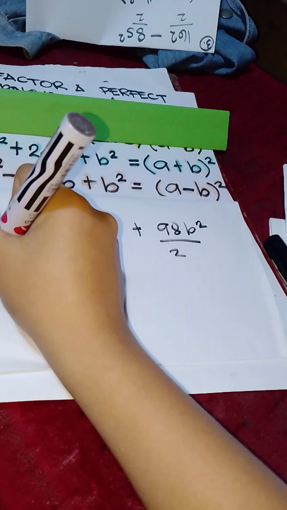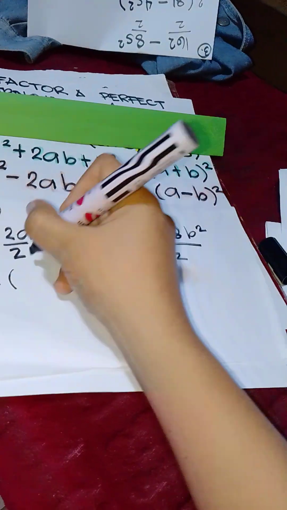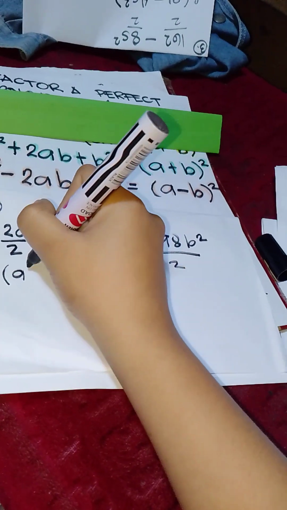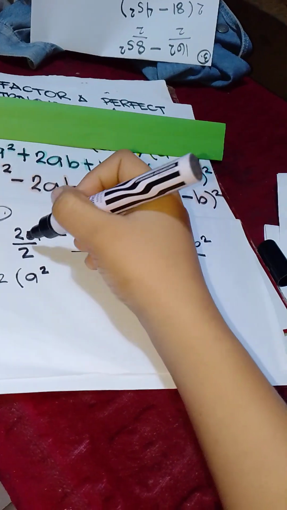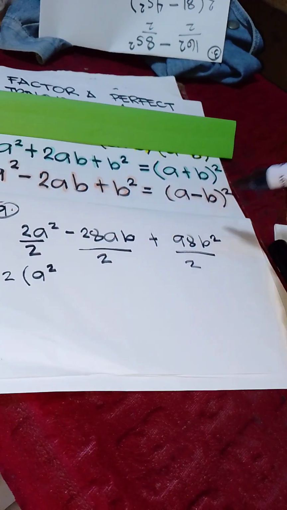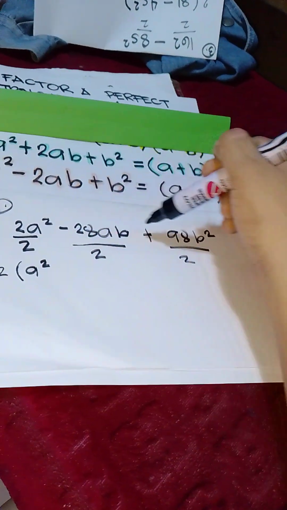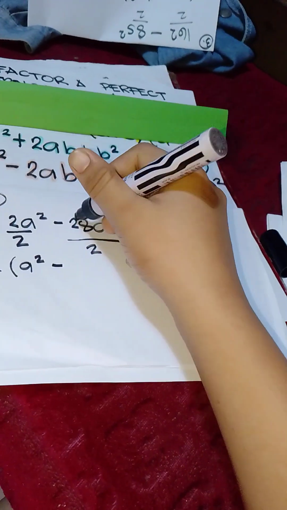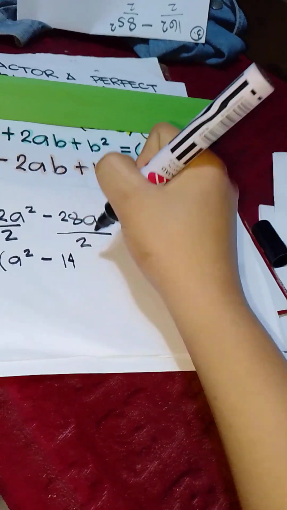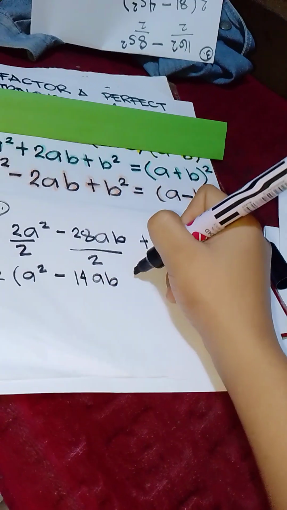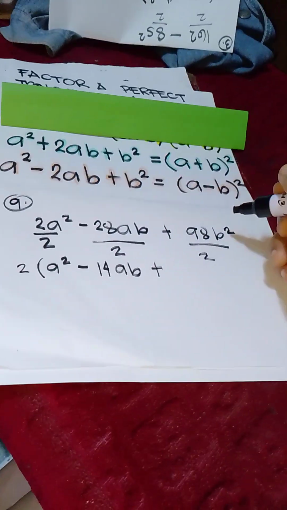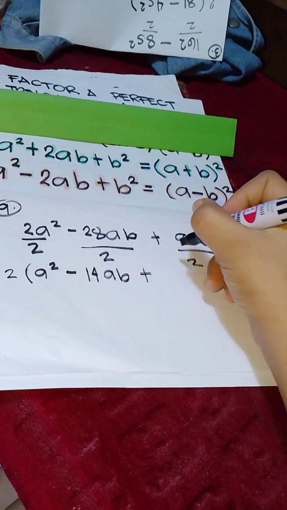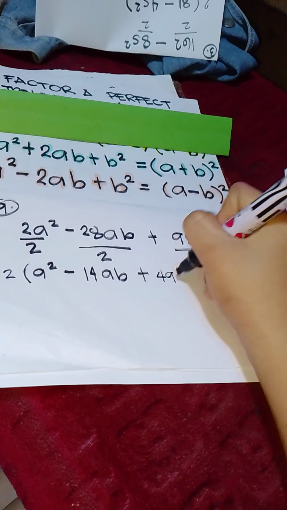So the result is 2 is a common factor in all of the numerical coefficients of all terms. We have a squared minus, we divide by 2, the result is 14ab, plus we divide it by 2, the result is 49b squared.